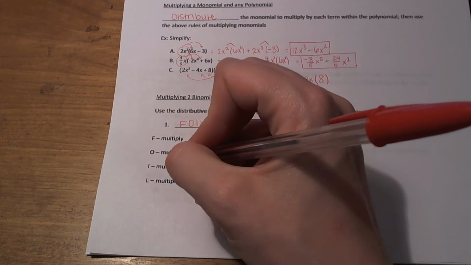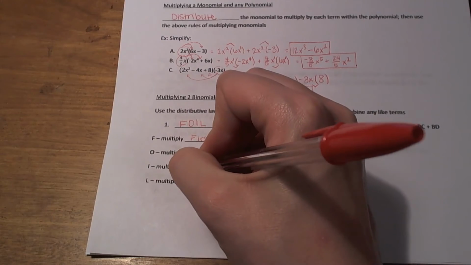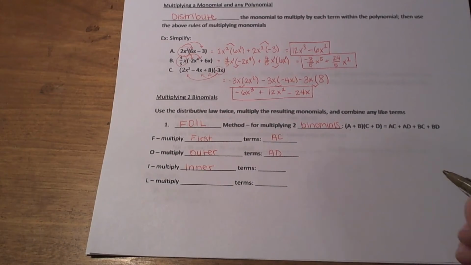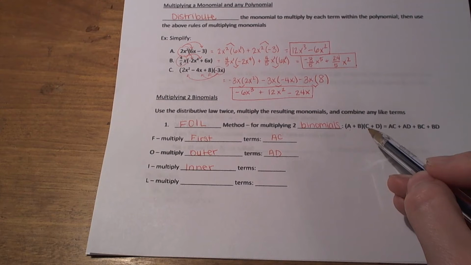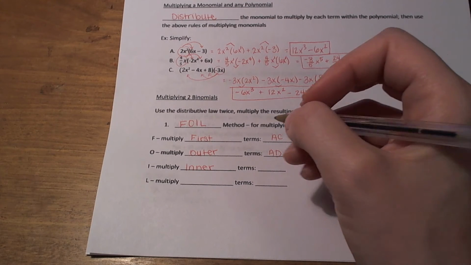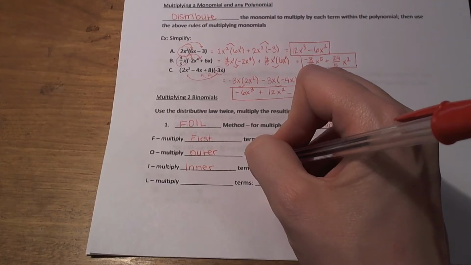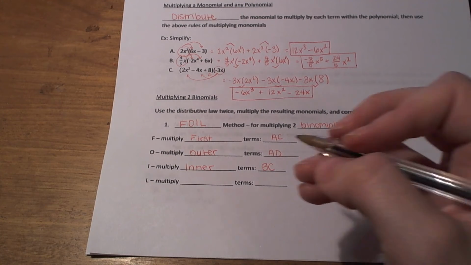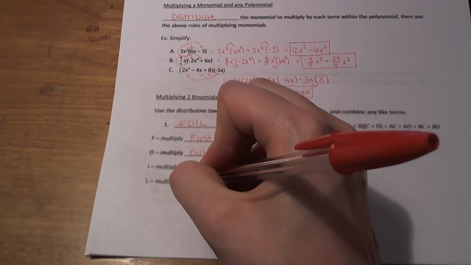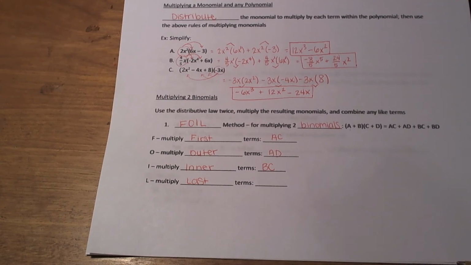I stands for multiplying inner terms. In inner terms, B is on the inside in the first parentheses, C is on the inside in the second parentheses. So we end up with B times C. And then L is multiply last terms.